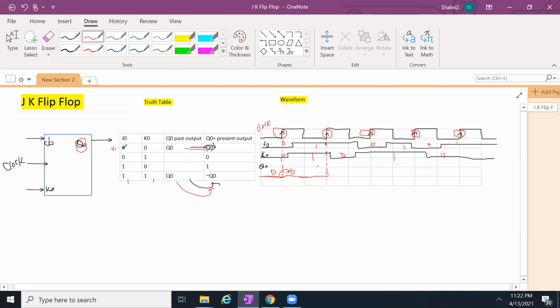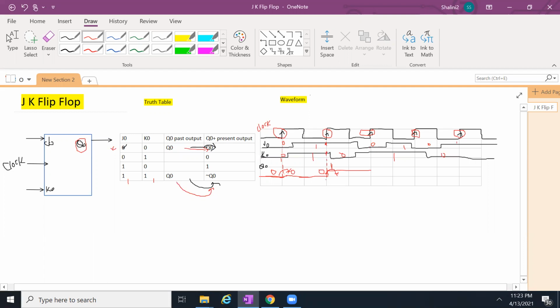The past value is 0, so in the next clock cycle we will get 1. It will toggle. So here we will get 1, and this will continue till the next positive edge of the clock.